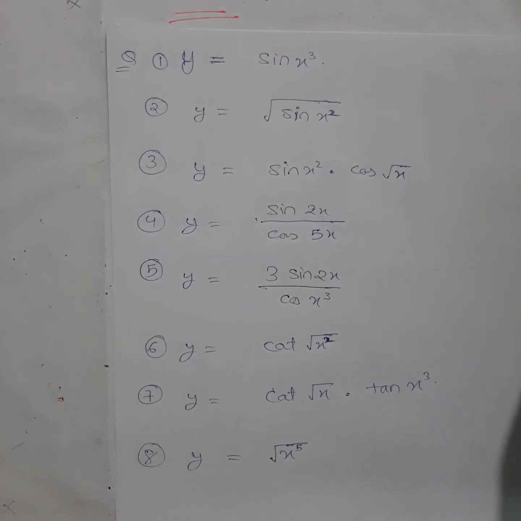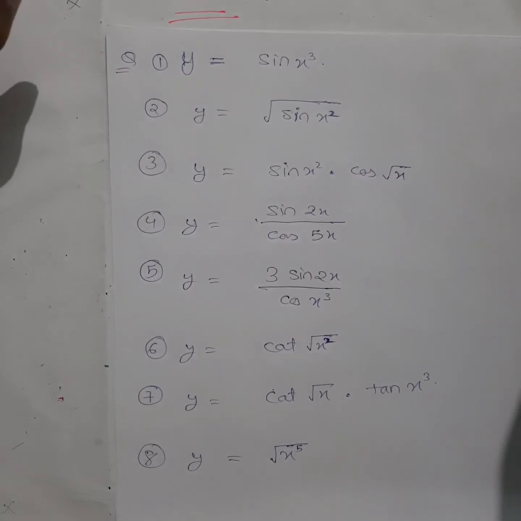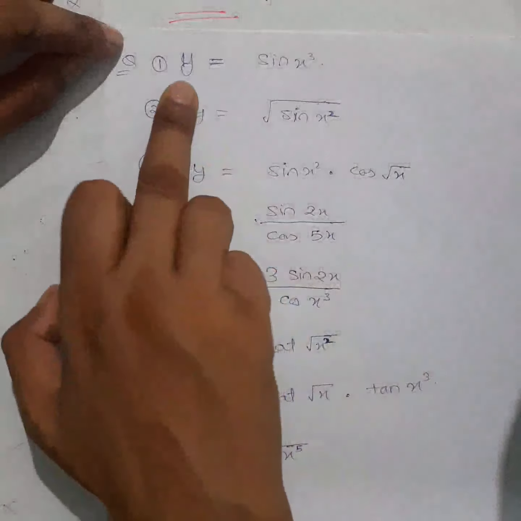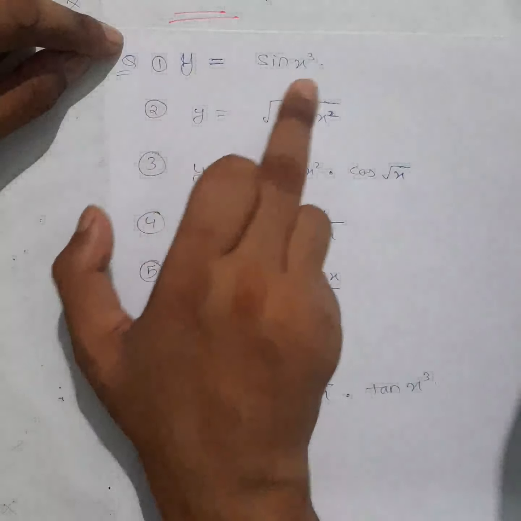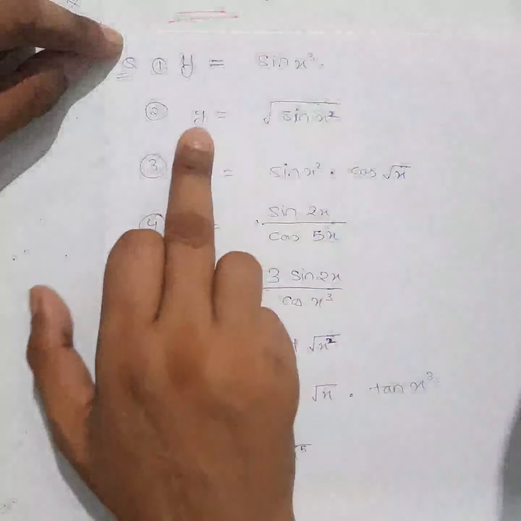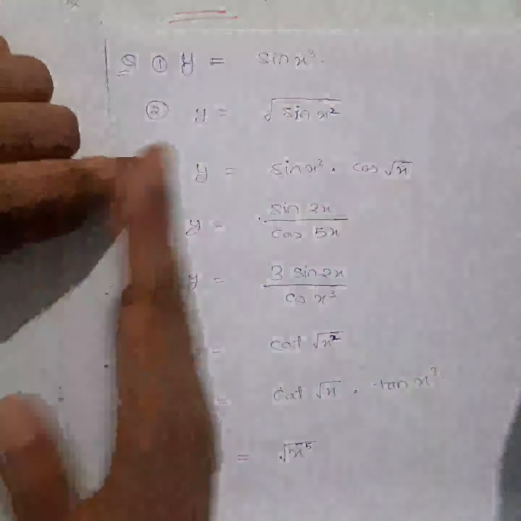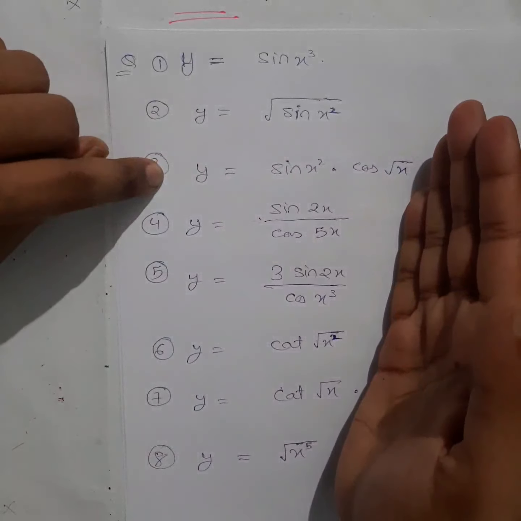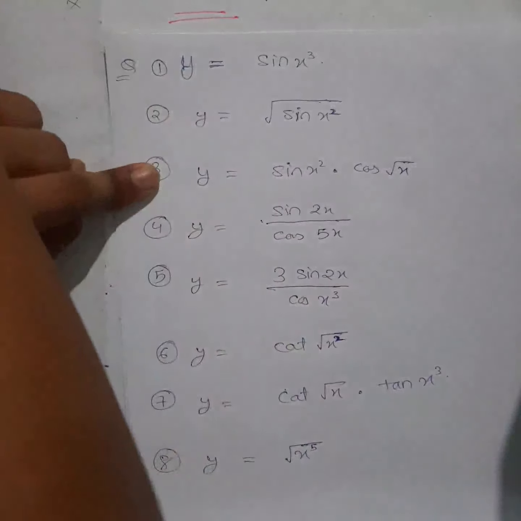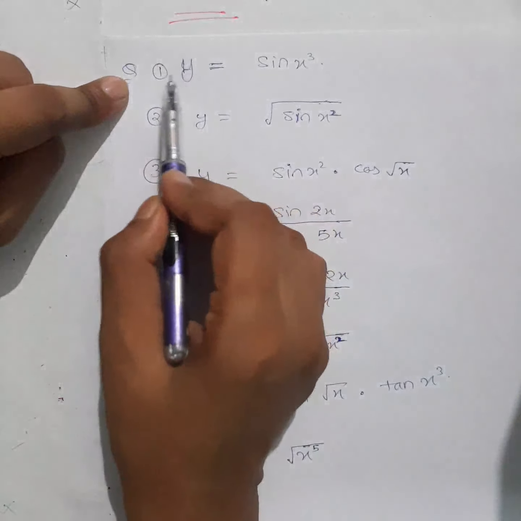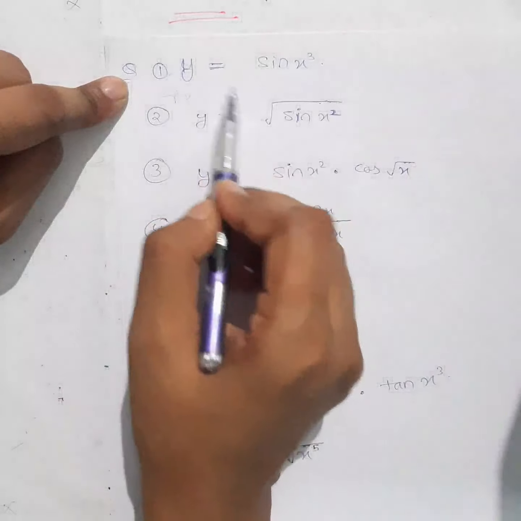Now in the next exercise also the same thing we are going to do, but there the only difference will be that in this case you can see y you can write in the form of x; you can separate y, and you can separate the x term. So you can directly differentiate with respect to x, meaning dy by dx directly.